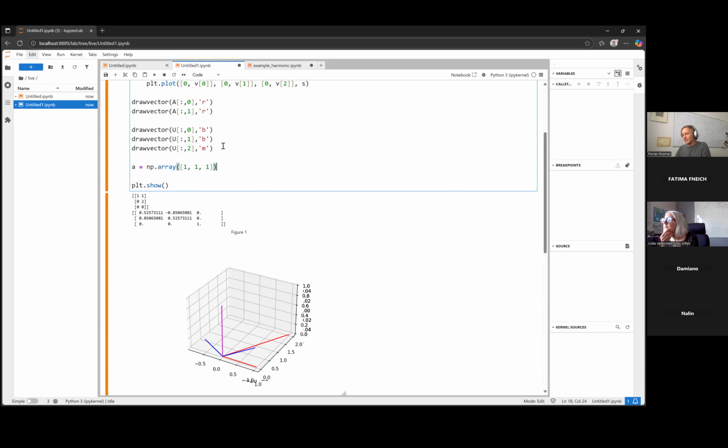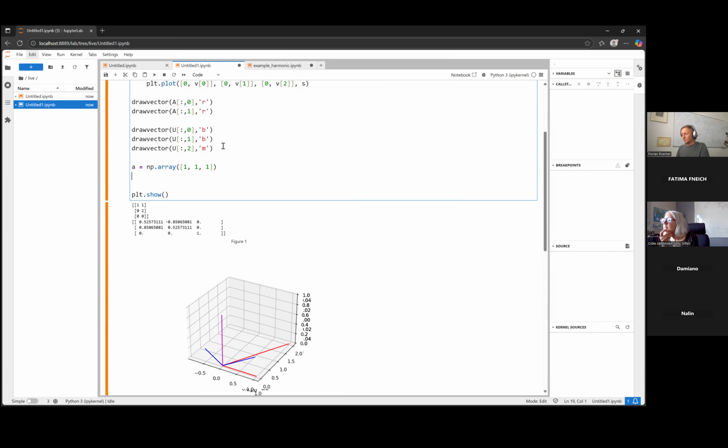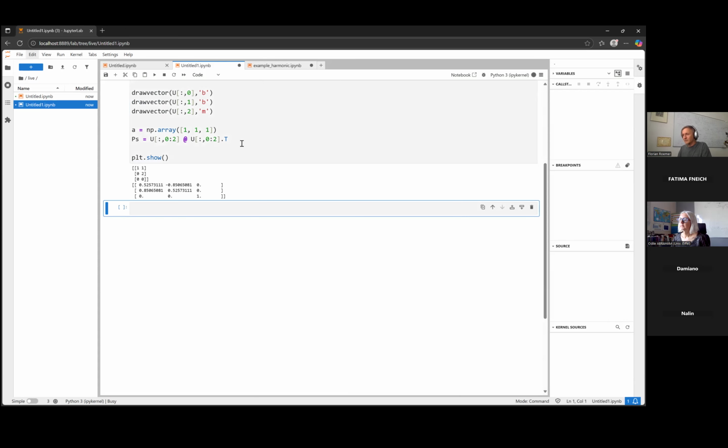Then what I was claiming is that we can get a projector on, let's say, the signal subspace just by taking U[:, 0:2] times U[:, 0:2] transpose, kind of like that.